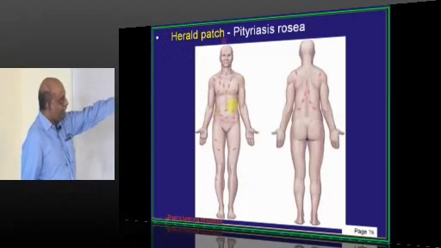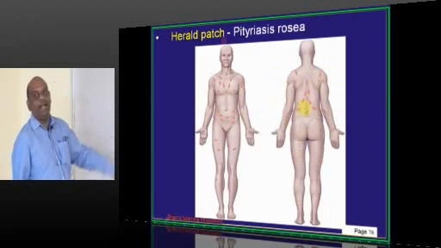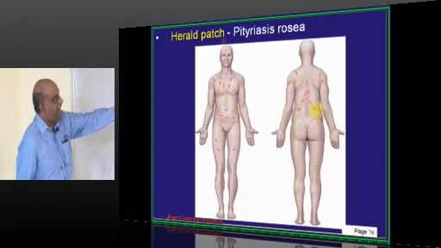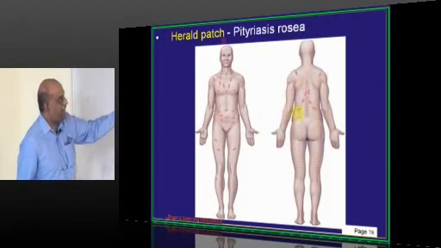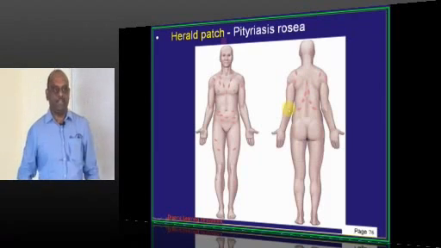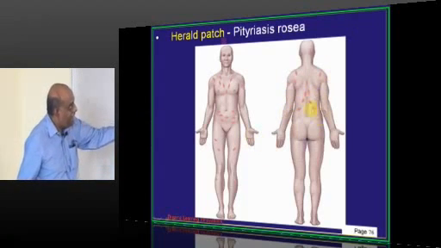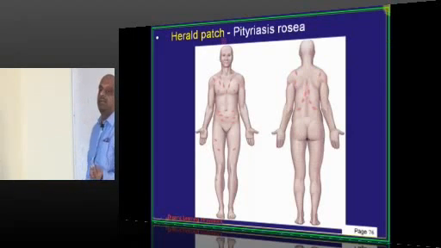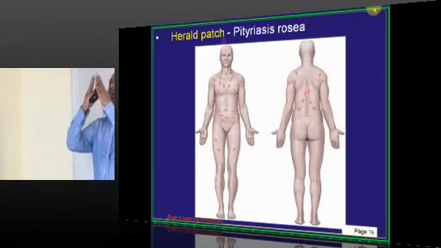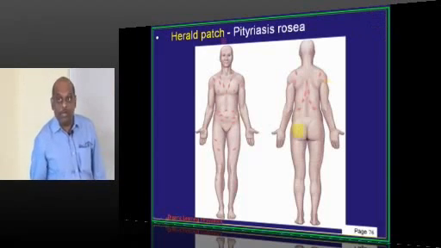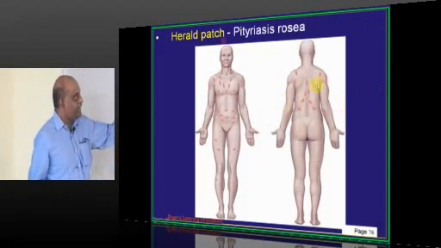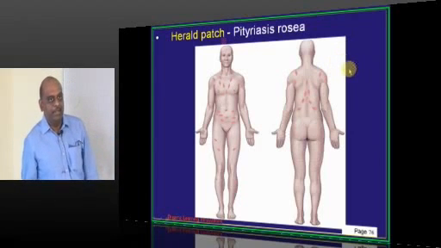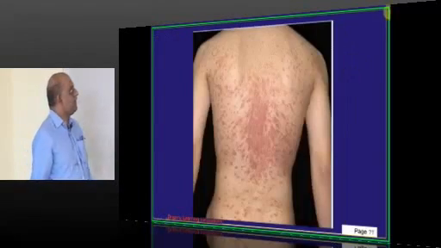And how are the lesions of pityriasis rosea distributed? Just like a Christmas tree. Are you able to appreciate? Christmas tree will be like this, no? So Christmas tree pattern is what you see, the typical lesions along the lines of Langer, skin lines of Langer, you find the lesions in case of pityriasis rosea, is what you need to remember.